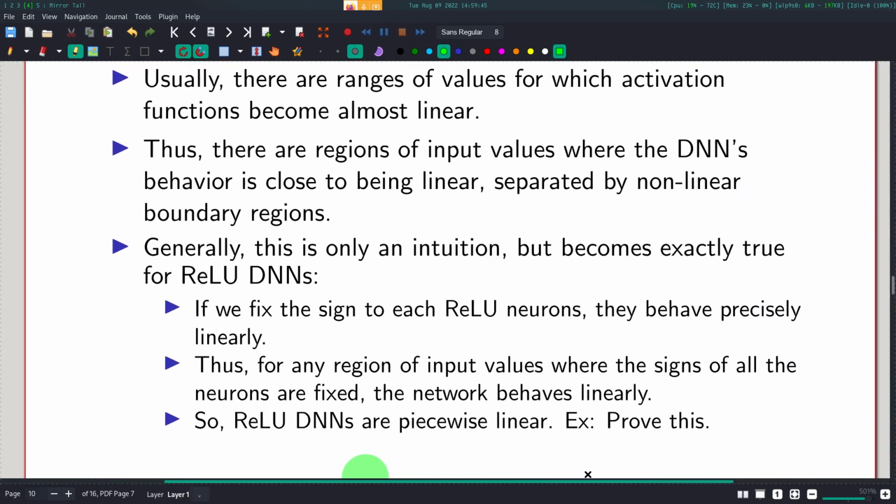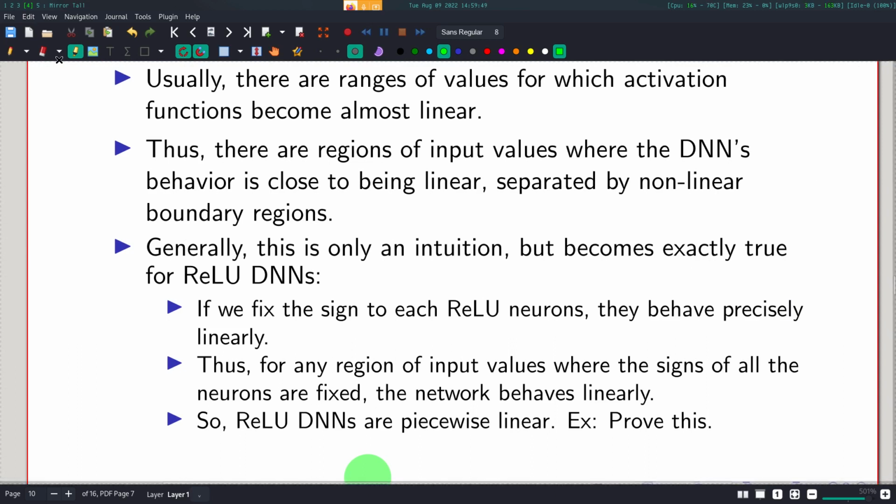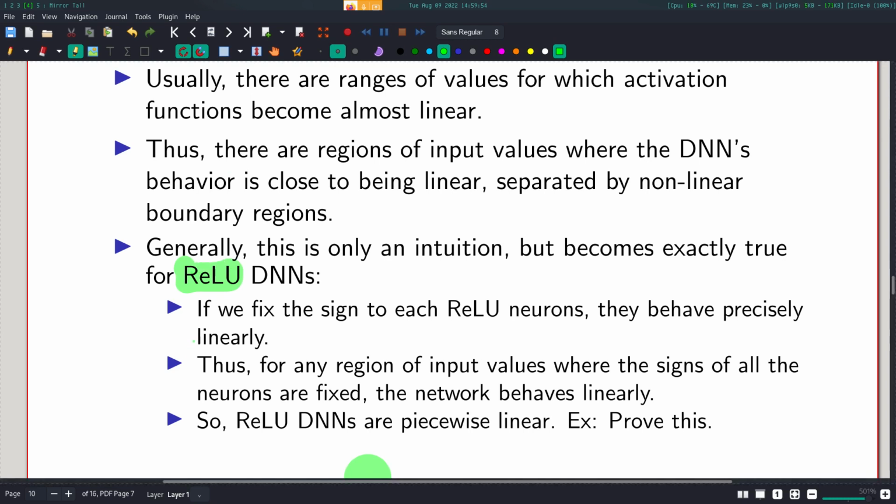Now if we look at a particular activation function, which is ReLU, this actually becomes an exact characterization of your neural network, because the ReLU function is piecewise linear.